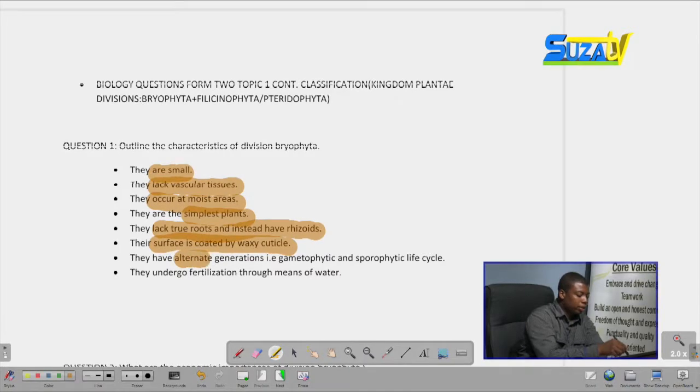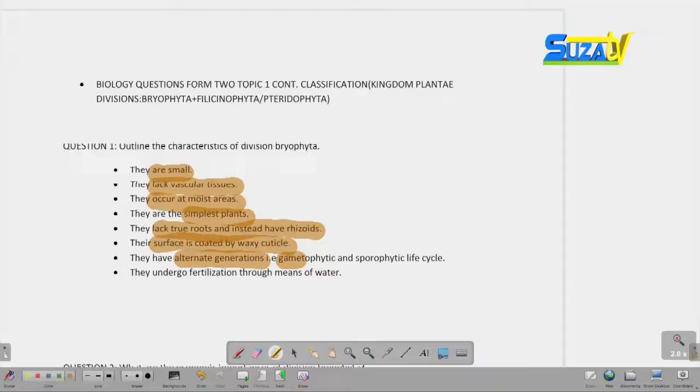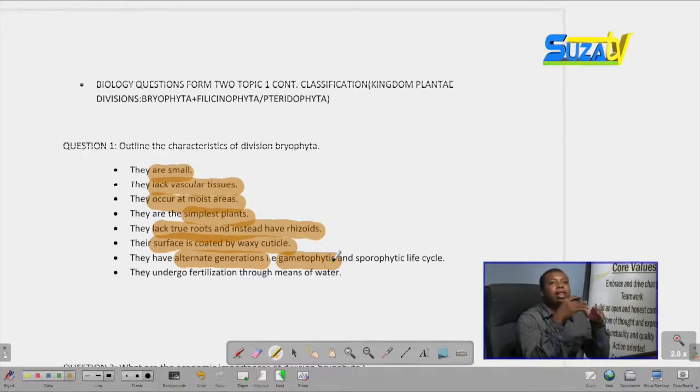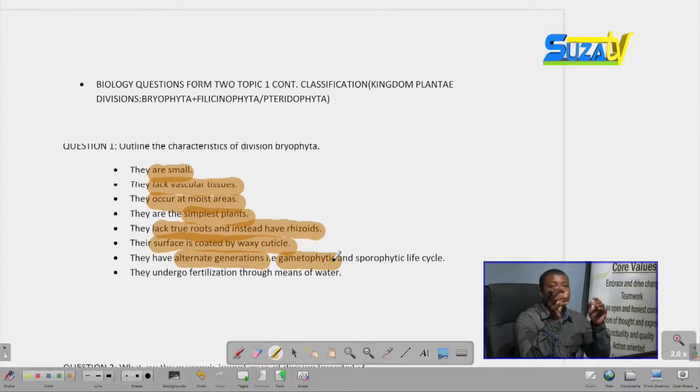They have alternation of generations. What does alternation of generations mean? It means that in the reproductive stage, there are two types of generations. There is the gametophytic generation, in which the gametes fuse to form a zygote. That is, the stage in which gametes from the male part and gametes from the female part fuse together to form a zygote.